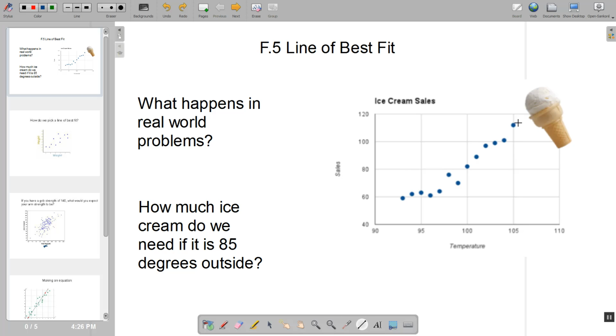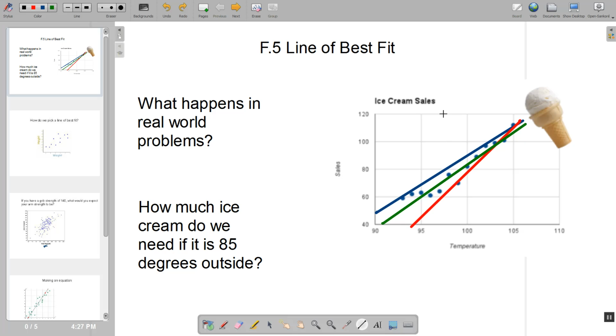Now, when you're creating a line of best fit, you have to be really careful, because if I drew a line like this, it hits quite a few points, but it definitely doesn't hit all of them. If I drew a line closer to the bottom from here, then it hits a few more points. But I would say the most accurate and realistic line of best fit would be right about here.